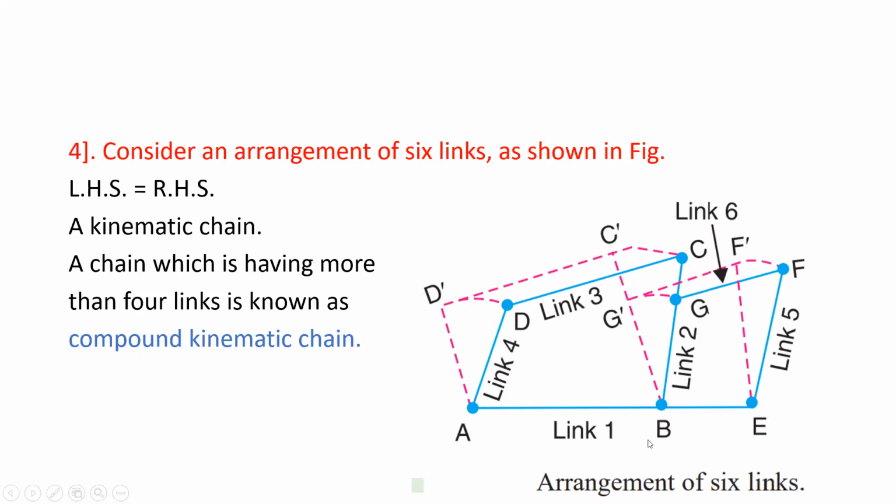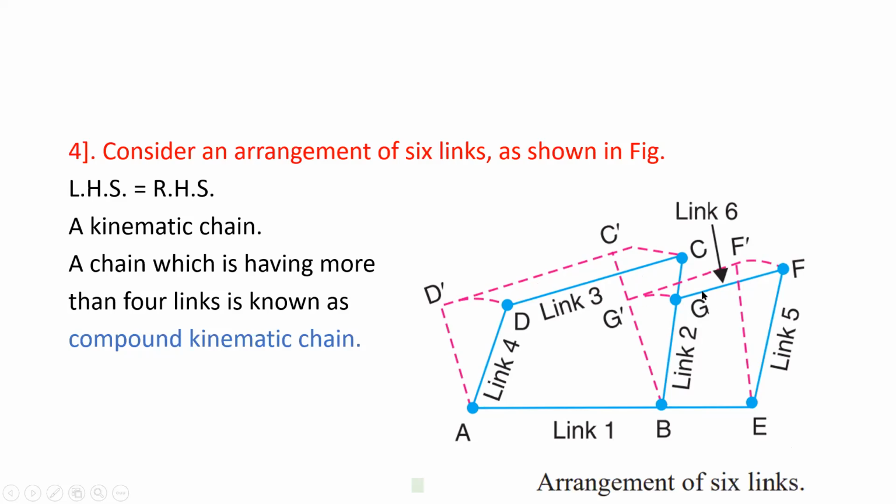Link 1 is AE. You can't say that AB and BE are two links. No, link ABE is one link, or you can say link AE is one link, or you can also say link AB is one link, without saying B is another link. So link 1, then link 2 is B to C, link 3 is C to D, and D to A is link 4.